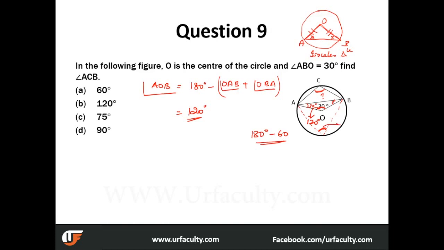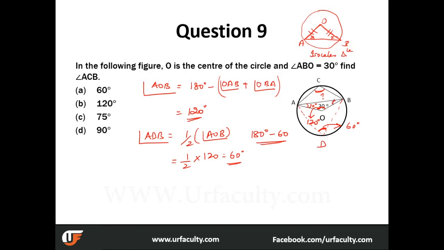So I'll name it as D. Angle ADB, which is just created by us, is equal to half of angle AOB, which is 1 by 2 into 120, equal to 60 degrees.